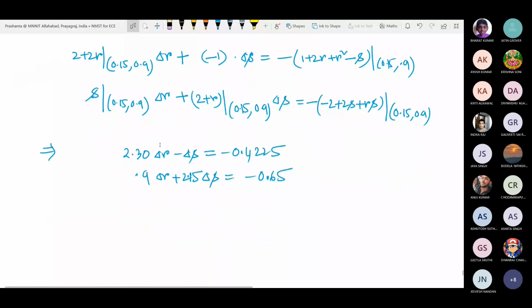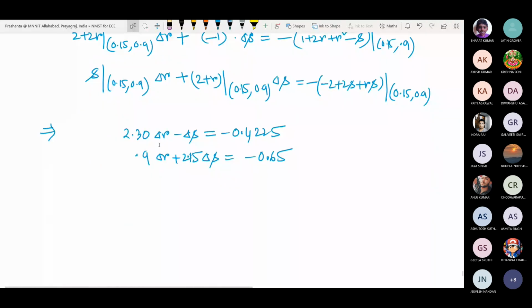So you will be solving these two system of equations to get the value of delta r and delta s. So delta r will be minus 0.1665 and delta s will be 0.0394.